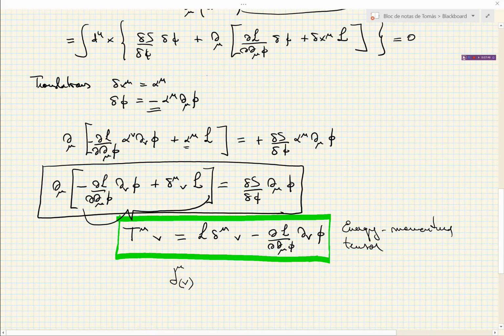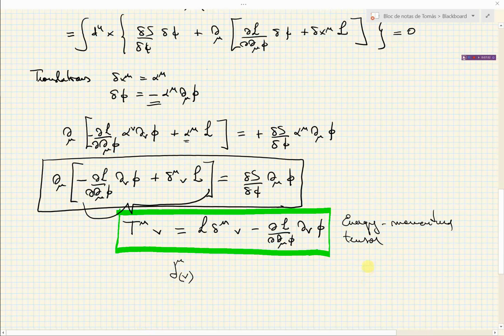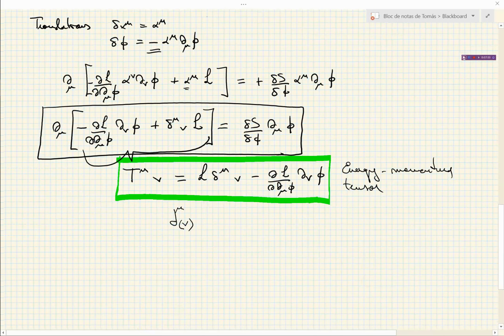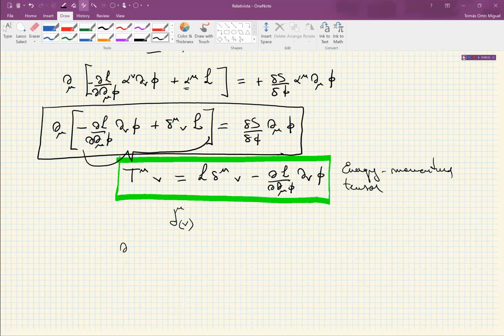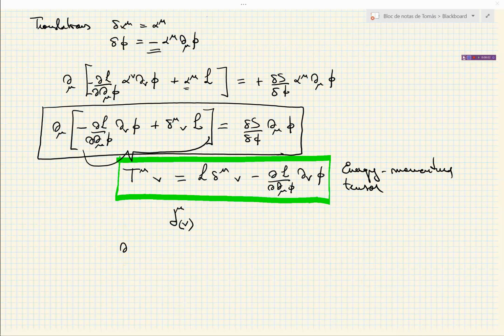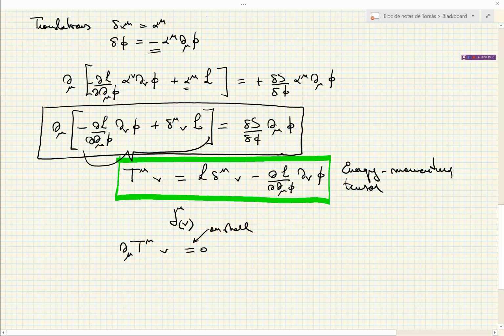The interesting thing is that everything can be collected into this tensor, and this tensor satisfies that ∂_μ T^μ_ν is equal to 0 on shell.